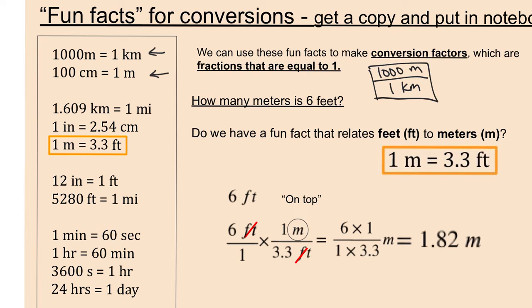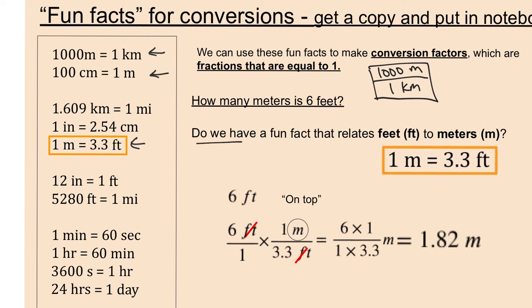So let's look at this. How many meters is 6 feet? We're going to first ask ourselves, is there a relationship that we know, one of these fun facts, that relates feet to meters? And we see this in orange, that 1 meter equals 3.3 feet.